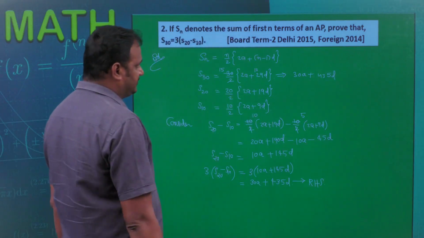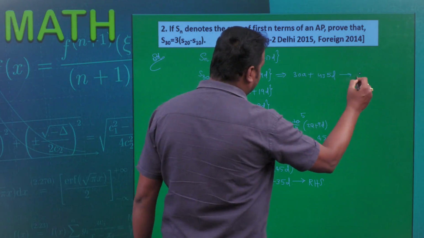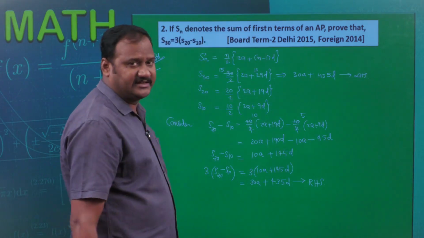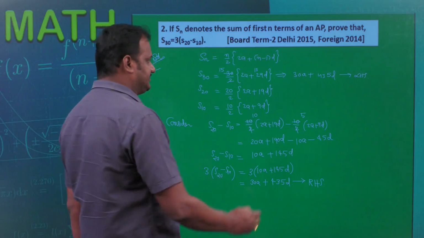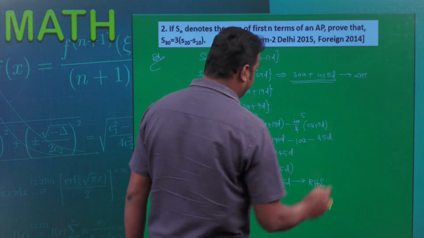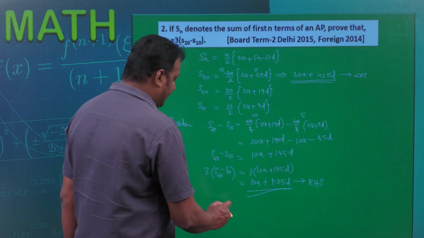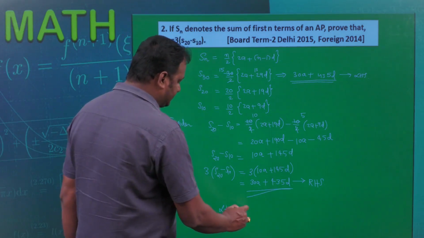Once you observe, this is LHS and this is RHS. Are these LHS and RHS both the same? Absolutely the same. 30a plus 435d, 30a plus 435d, both are the same. Therefore, LHS is equal to RHS.